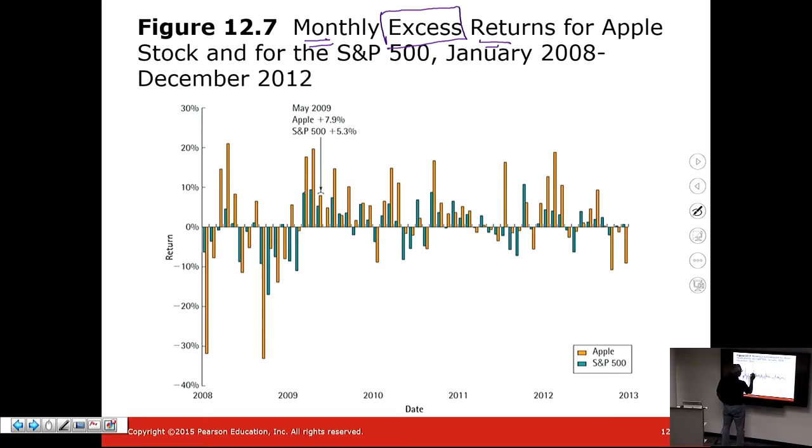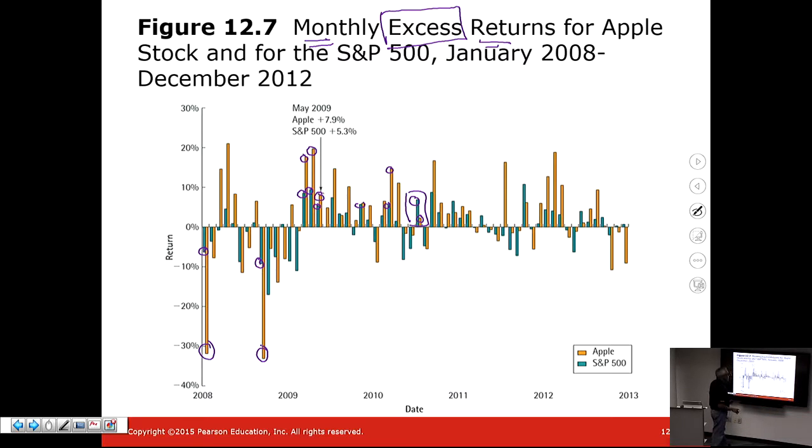I see, for example, over here that the blue bar representing the market is doing well. Apple is doing slightly better. Apple generally does slightly better than the market. Not always, sometimes there are exceptions like over here, but generally. But also when the market is doing poorly, Apple does slightly worse than the market.